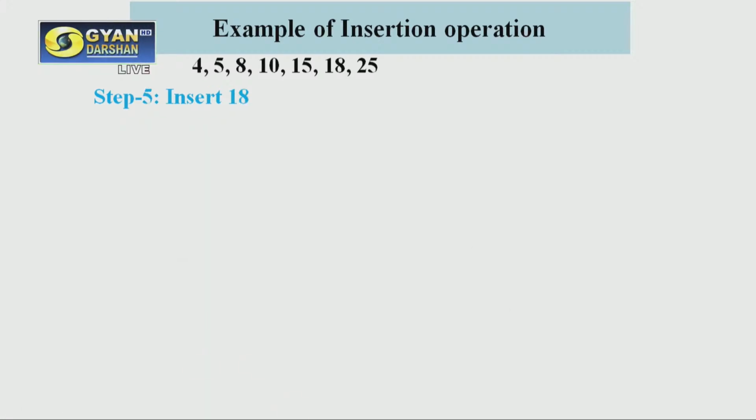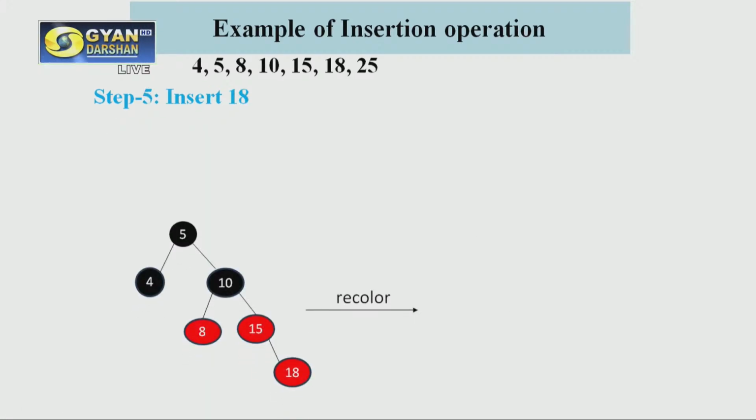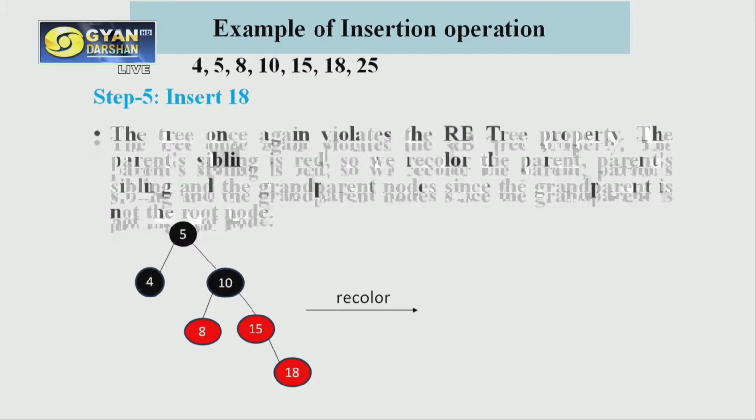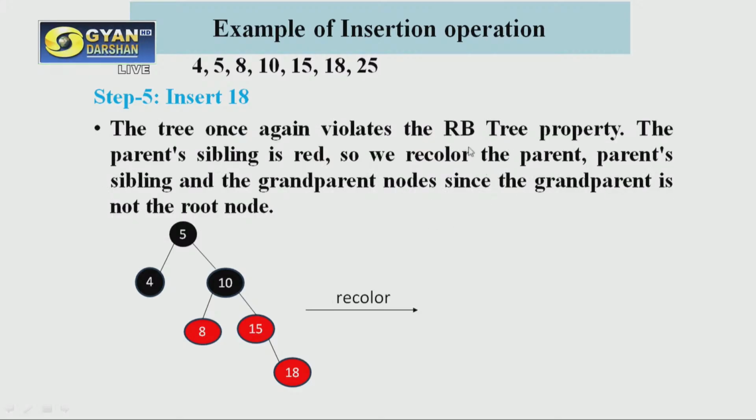Similarly, we now insert 18. So 18 will be inserted at the right child of 15. Again it violates the red black tree property, that is the parent sibling is red. Which case arises? The parent sibling is red. 18 is inserted, its parent is 15 and its sibling is 8.